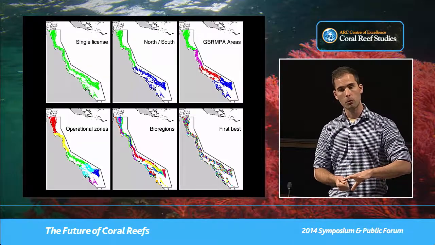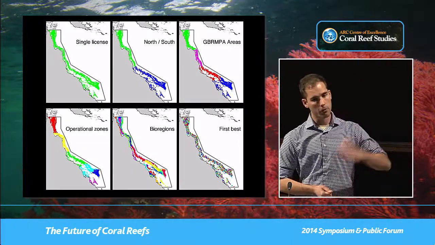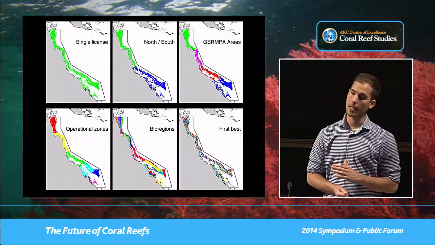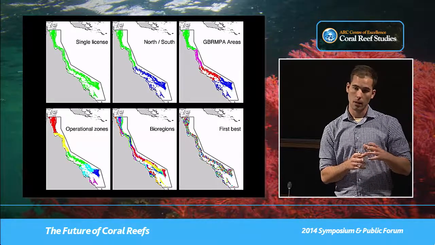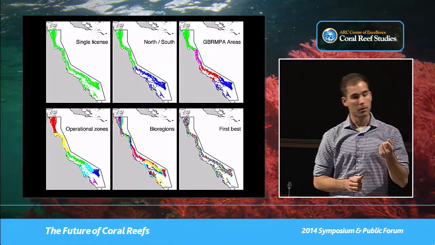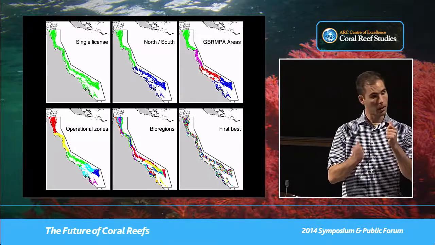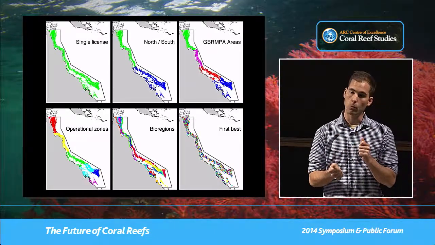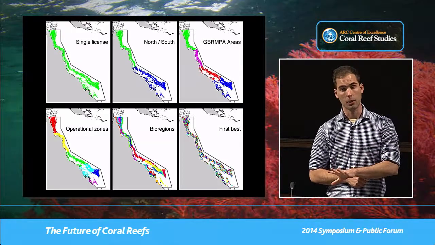And this is where the larval dispersal comes in in this case. Because as John Pandolfi pointed out yesterday, a lot of the flows in the GBR are from the north to the south. And that means that in many ways, the northern region of the GBR, at both large and small scales, is a source for the southern region. And in this case, if you let fishermen act in a profit maximizing way, they'll tend to harvest the source reefs and not target the sink reefs.